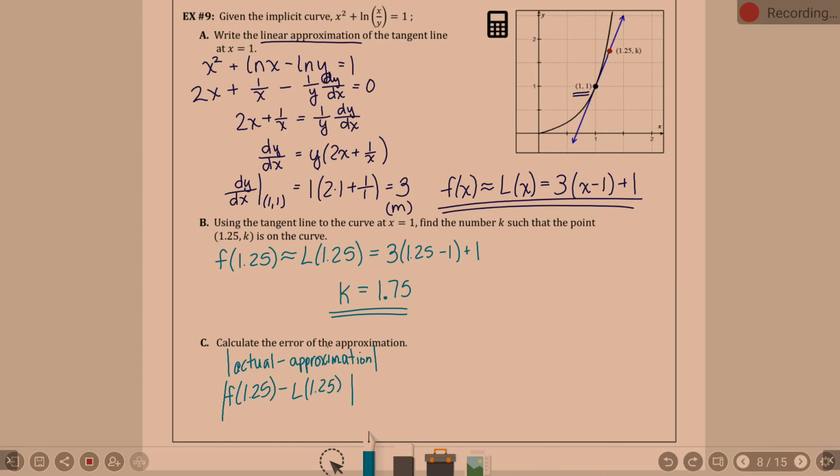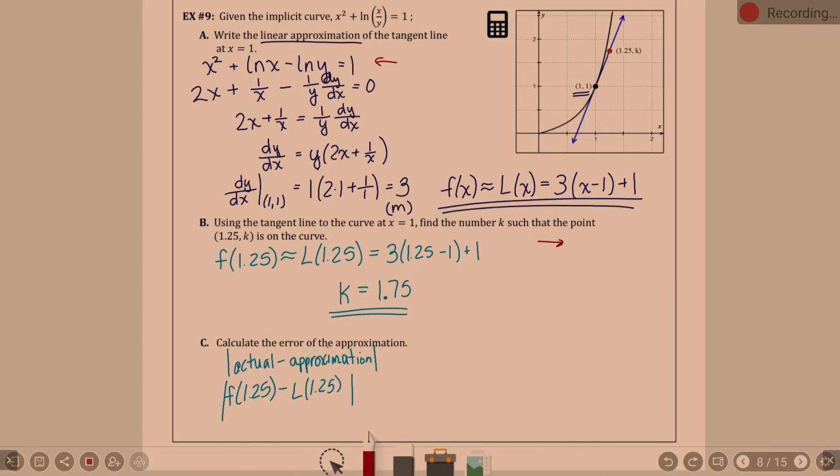I thought x squared plus... because there's an x over y, it's not solved for y. Do you have to solve it for y? Yeah, essentially. Now, I'm going to go back to this line right here. We're going to solve it for y.